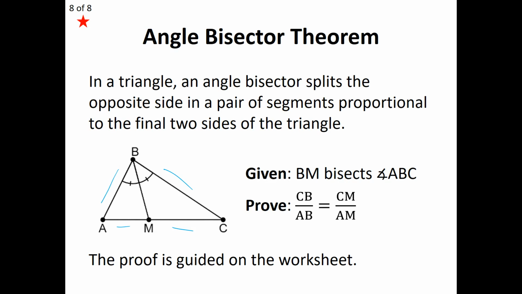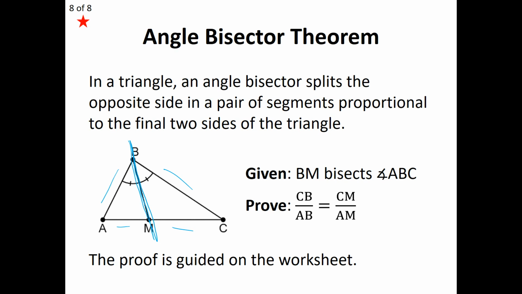Now, how I remember the angle bisector theorem is I like to think of BM as this divider. Notice how it's dividing the entire triangle up into two smaller triangles. I'm going to go from one segment of the divider to the other side of the divider to pick another segment. So if I choose CB first, which is one of my sides of the given triangle, then I'm going to ratio it with the other side of the triangle on the opposite side of my divider. So CB gets ratio to AB.